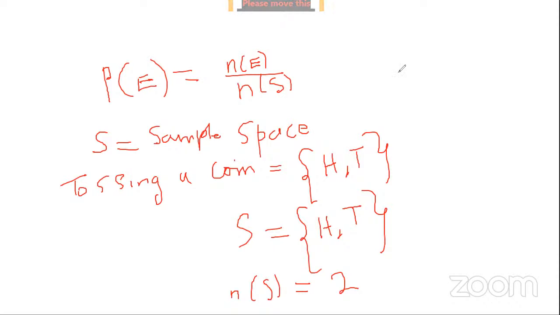Then if we are interested in getting the probability of a head, okay? So now our event becomes a head. The event is what we are interested in, the desirable outcome.